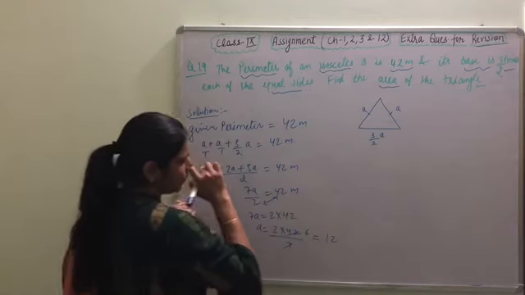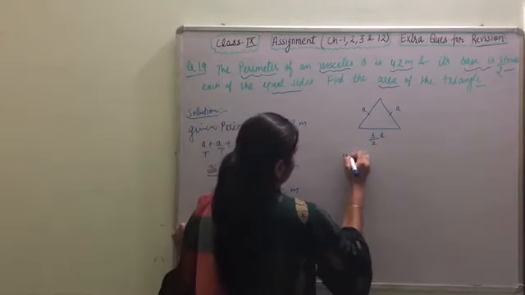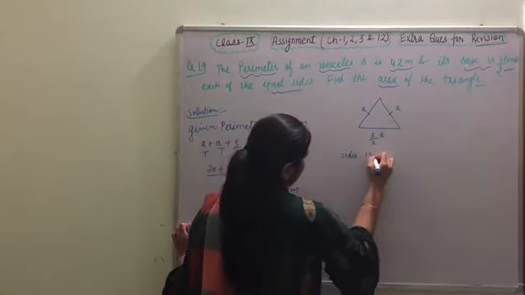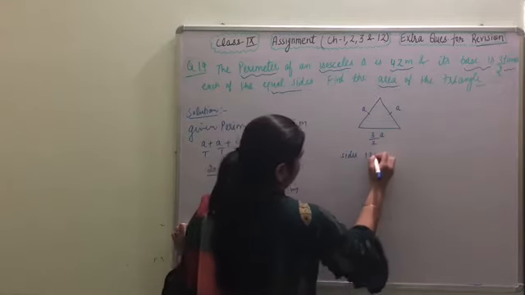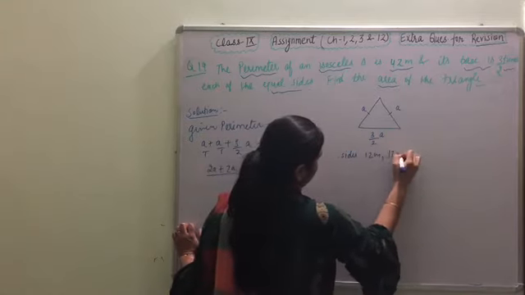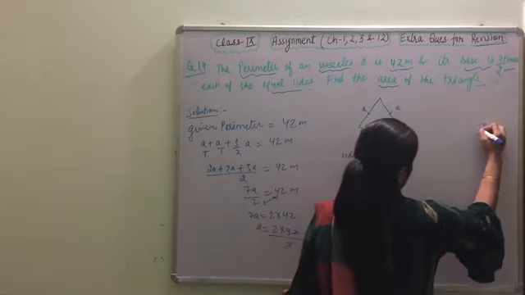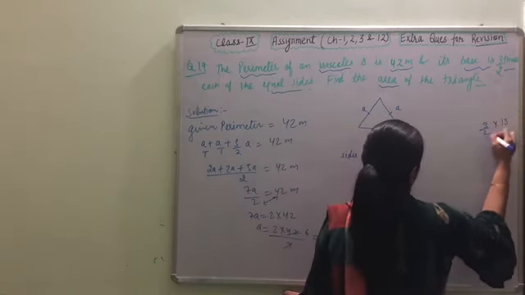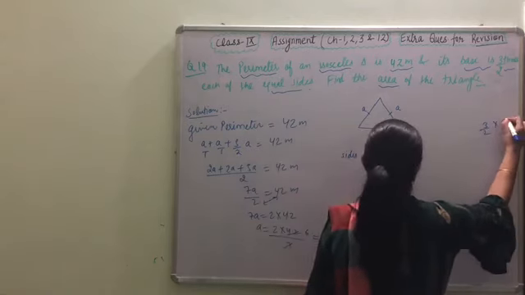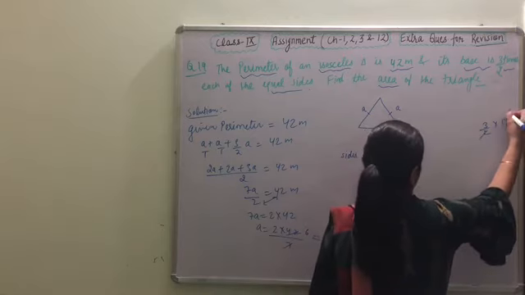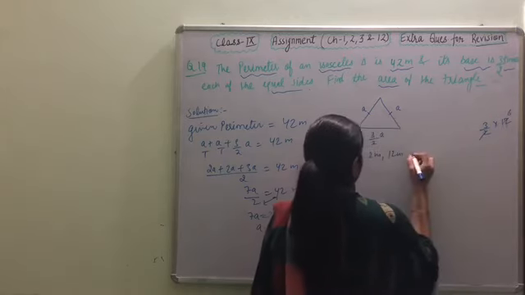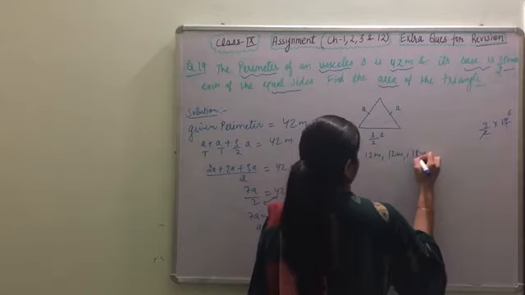If A is 12, so the sides are 12 meter, 12 meter, and the third side is 3 by 2 time of A, 3 by 2 of 12, which is 18. Sides are 12, 12 and 18.